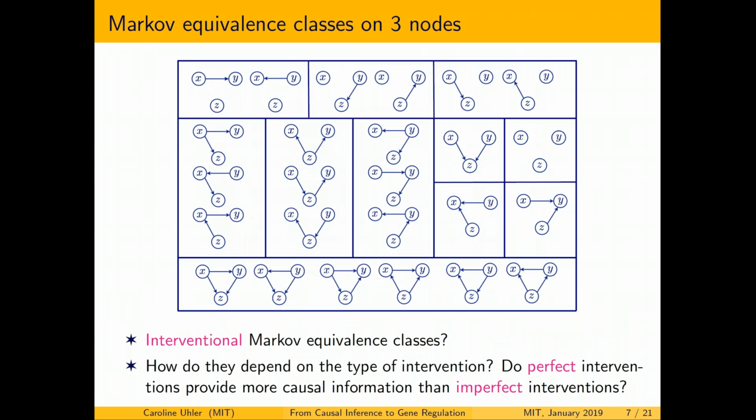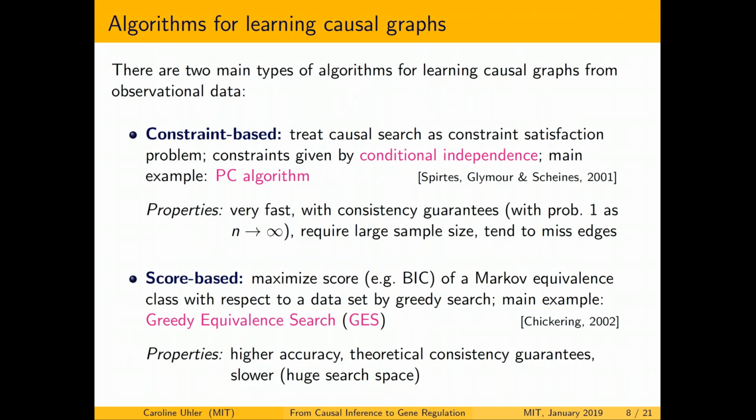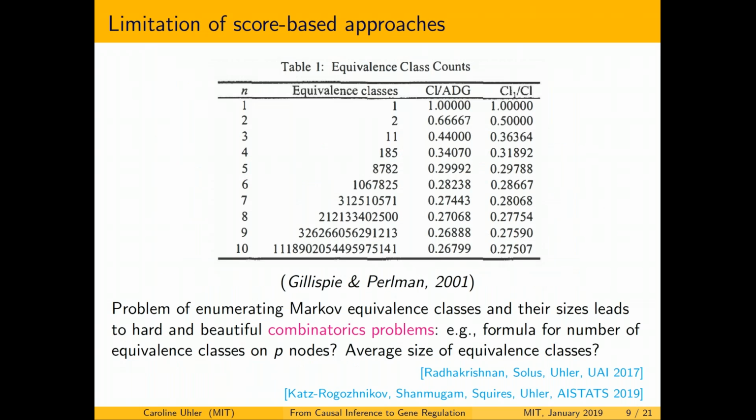So the picture is that you have quite a few equivalence classes that consist of just one member, meaning that observational data is already enough to identify the underlying graph, and you really don't need any interventional data to figure out the underlying causal structure. So these are all important conjectures that someone in combinatorics would probably be very well able to prove.